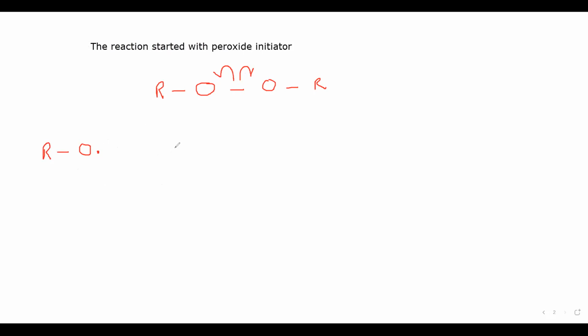For example, if you have ethene, between the two carbons there's a double bond and then hydrogens are attached. So this is one molecule of ethene.